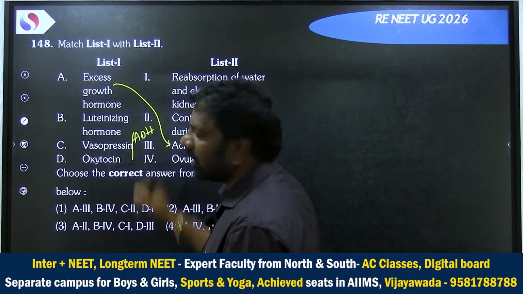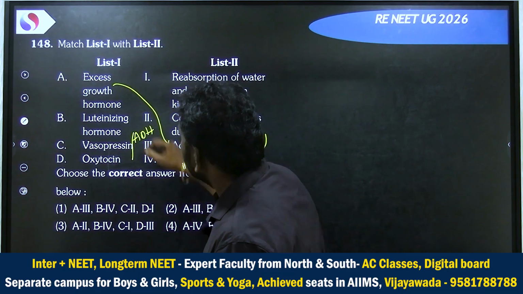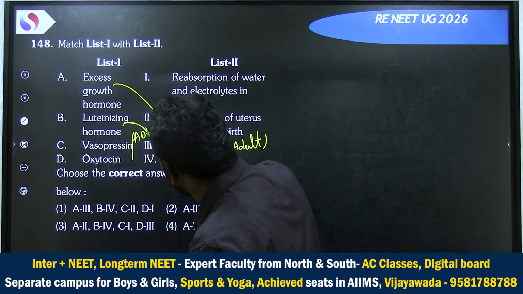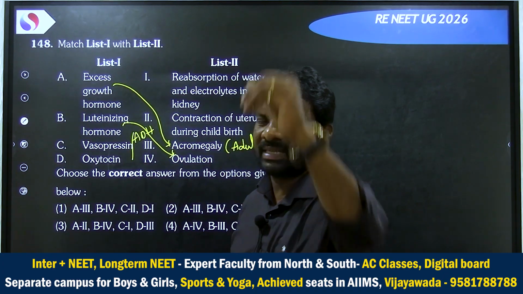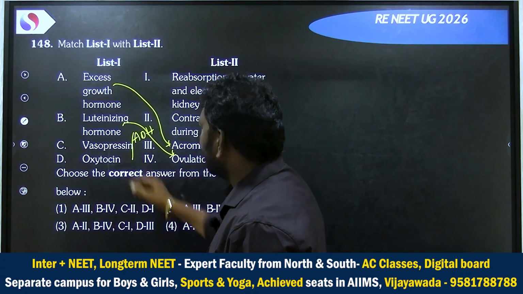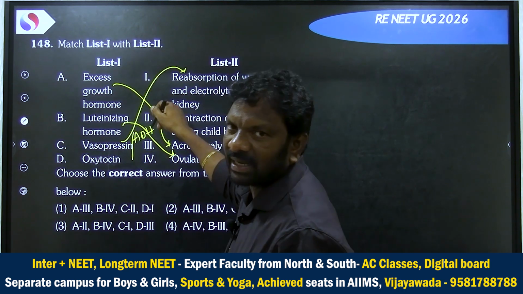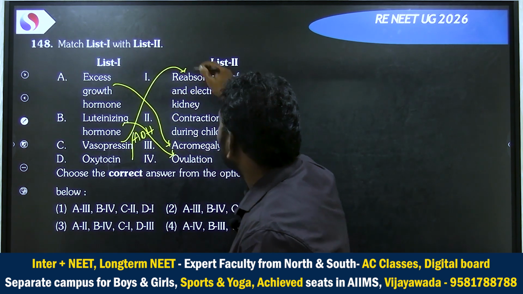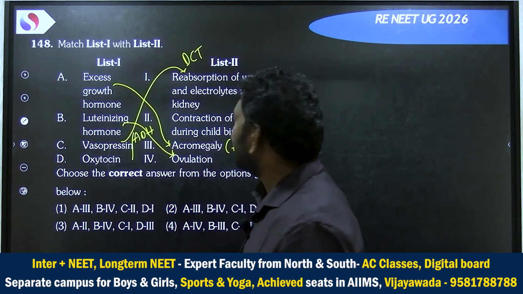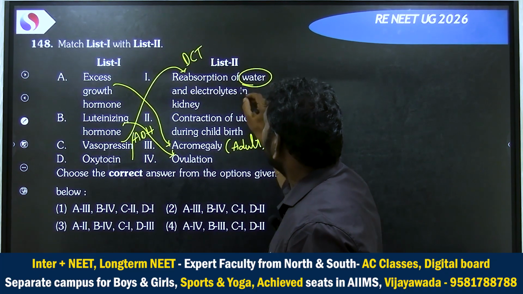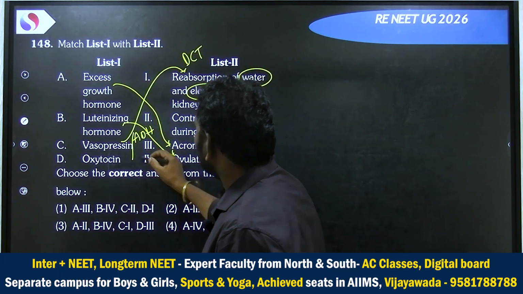And luteinizing hormone, we have discussed one time. Luteinizing hormone stimulates ovulation during the LH surge, when it is secreted at peak level. Vasopressin's other name is antidiuretic hormone. It acts on the DCT, distal convoluted tubules, and influences the reabsorption of water plus electrolytes in the kidneys. Last one is oxytocin.